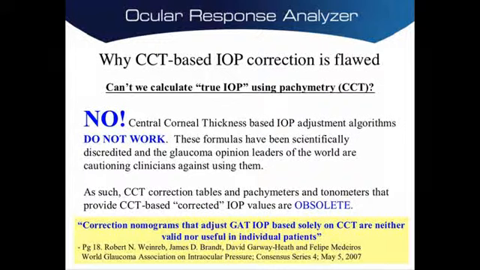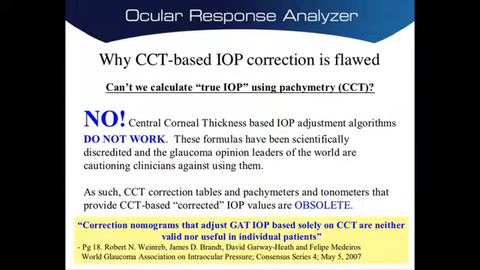In 2007, they had a consensus meeting where they got together for a very, very long 10 or 12-hour day and discussed the measurement and the use of intraocular pressure data in glaucoma for the entire day, came out of it with meeting minutes and wrote a book about it. And one of the statements in that book is, correction nomograms that adjust Goldman-obtained IOP based solely on central corneal thickness are neither valid nor useful in individual patients.